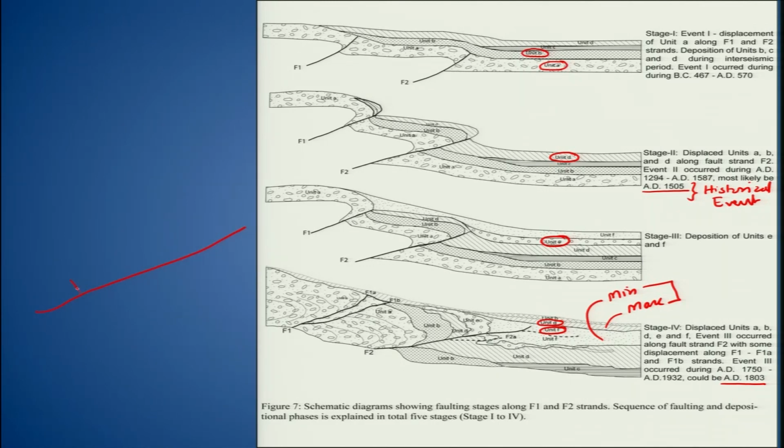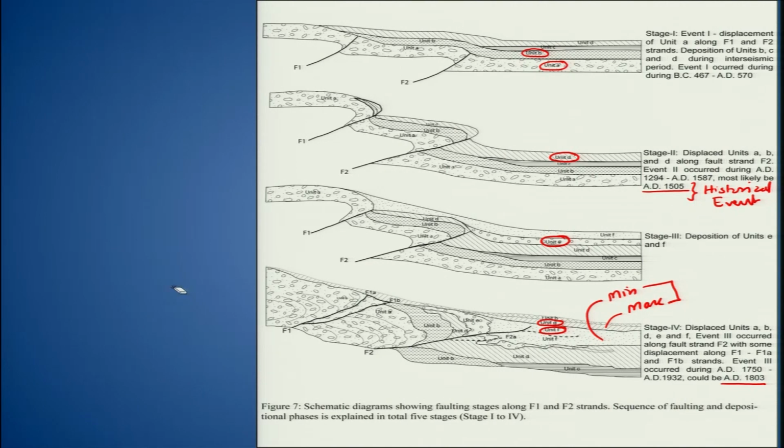So ideally what we do is open multiple trenches close by and try to understand whether the same event has been picked up. Sometimes we will not have the same event picked up in both trenches.